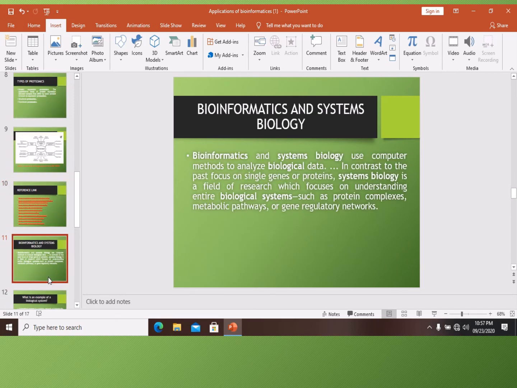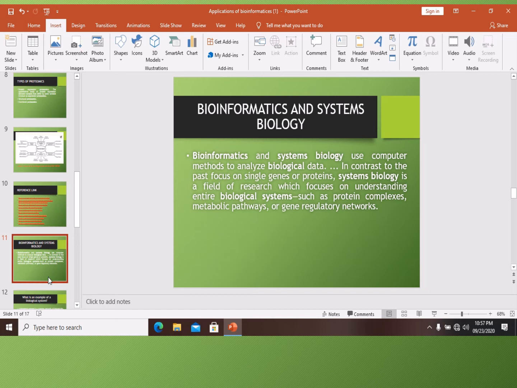So the third one is bioinformatics and systems biology. Bioinformatics and systems biology use computer methods to analyze biological data. In contrast to the past focus on a single gene or protein, systems biology is a field of research which focuses on understanding entire biological systems, such as protein complexes, metabolic pathways, and gene regulatory networks.